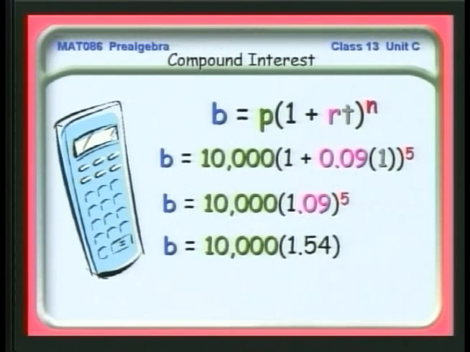When I multiply 1.09 times 1.09 times 1.09 times 1.09 times 1.09, that's 1.09 to the 5th power, I get 1.54. When I multiply that, I find that my final balance, including the interest, compounded once a year for 5 years, is going to give me $15,400, more or less, given some round off.